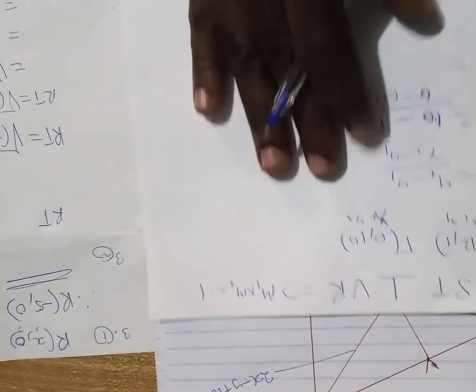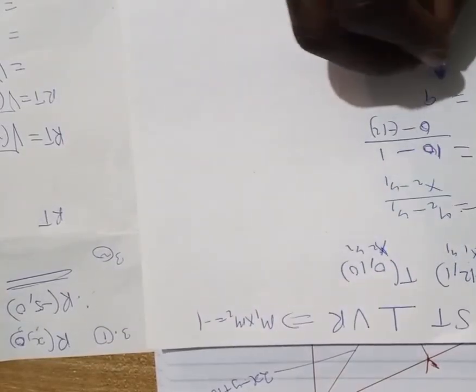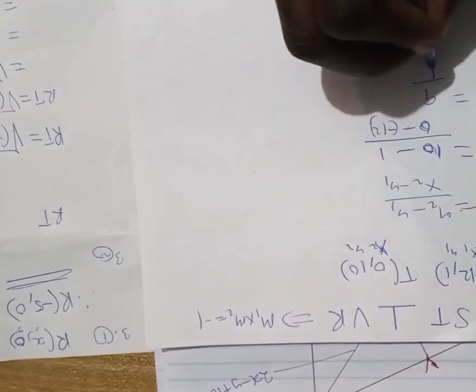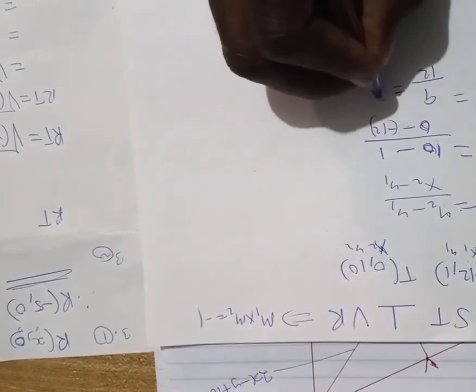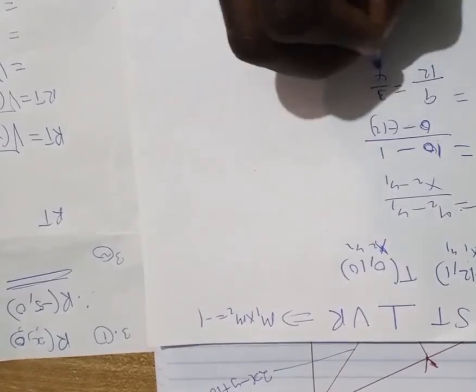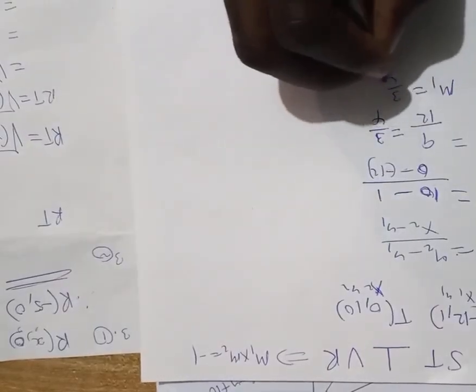So it will give us 10 minus 1, it is 9, over positive 12. So the gradient is 3 over 4. So the gradient m1 is equal to 3 over 4.